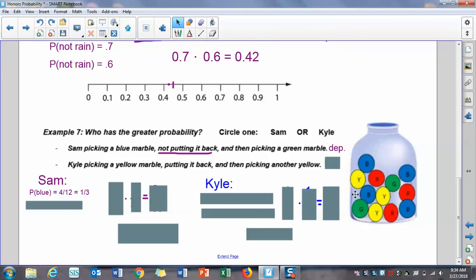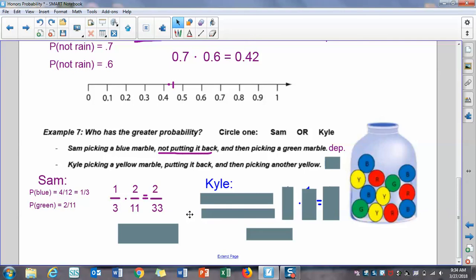So that means I'm down 1 total marble. So there's 2 greens out of 11. And that 11 came from Sam keeping the marble that she picked the first time. So then we have 1/3 times 2/11, and when we multiply that, we get 2/33.